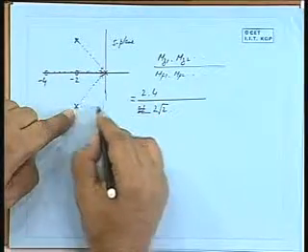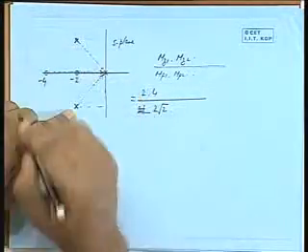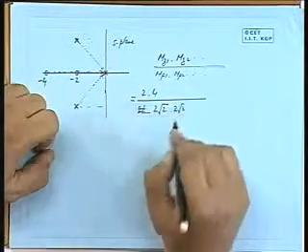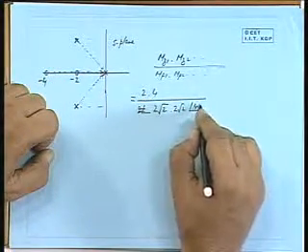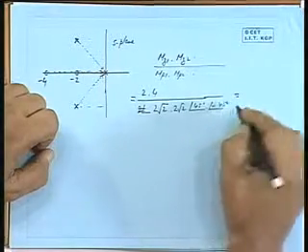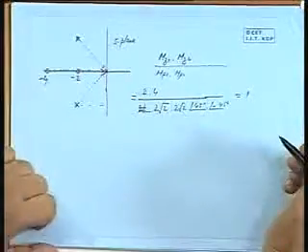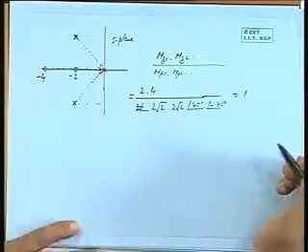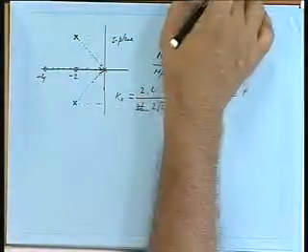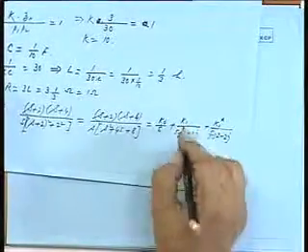Okay, what is the angle? 45 degrees. What is this angle? Minus 45 degrees. So 2 root 2, 2 root 2, 45 degrees, minus 45 degrees. So that gives me 4 into 2, 4 into 2, 1. Okay. Similarly, so this is k0. Can you tell me what will be k1?